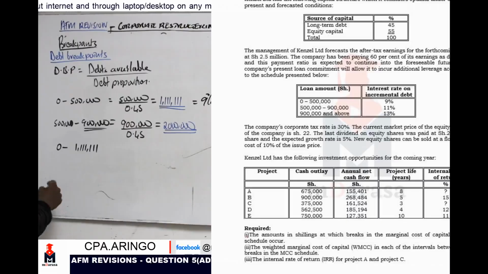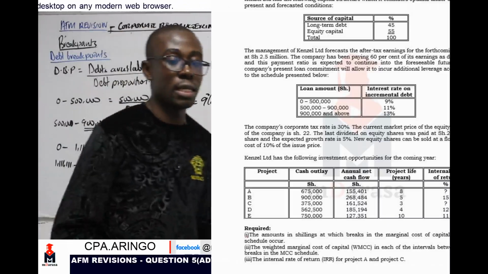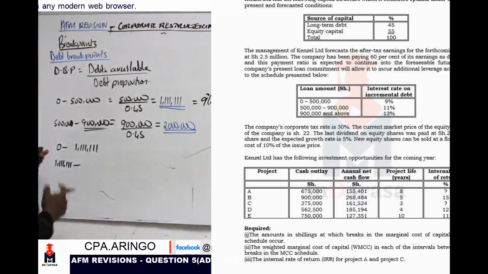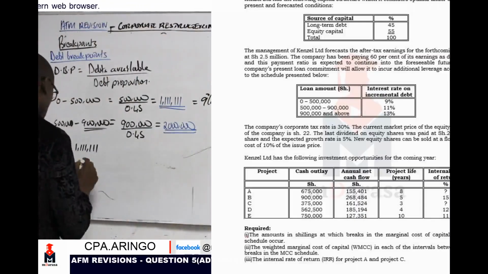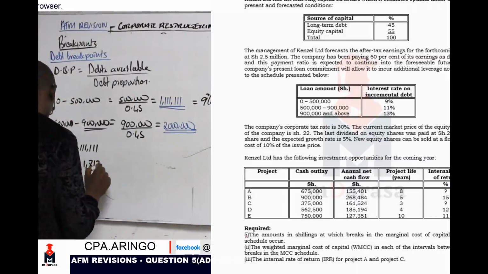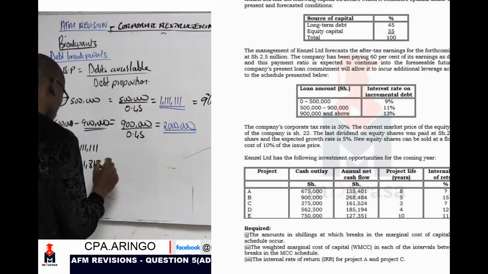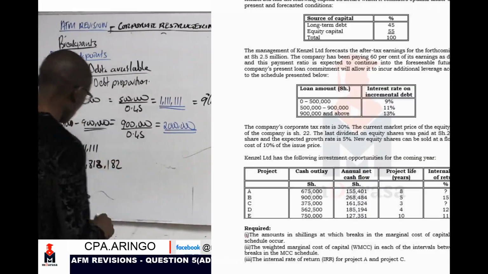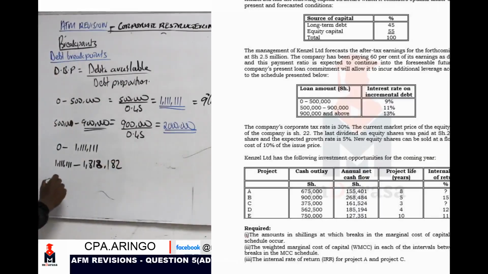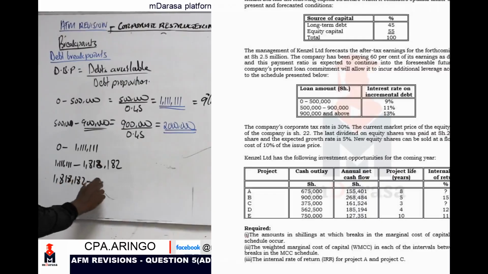Then we take our scale from 1,111,000 to our breakpoint in terms of the retained earnings that we had, which was 1,818,182, to a maximum of 2 million.